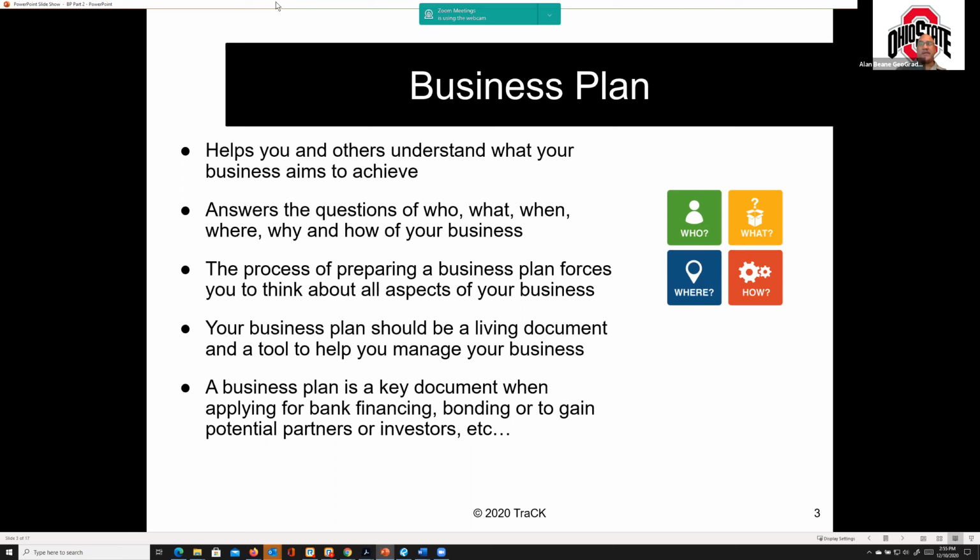The technical work is working on that design or that feasibility study or wherever the case may be. Two separate things. The business that does that technical work has the responsibility of keeping things moving, like I said, keeping the lights on. That's really an overall extension of this business plan. Not to say that the technical aspects are not covered, but here we're talking about the actual planning of the business entity. So again, it's a key document when you want to get bank financing, bonding, or potential partners or investors.